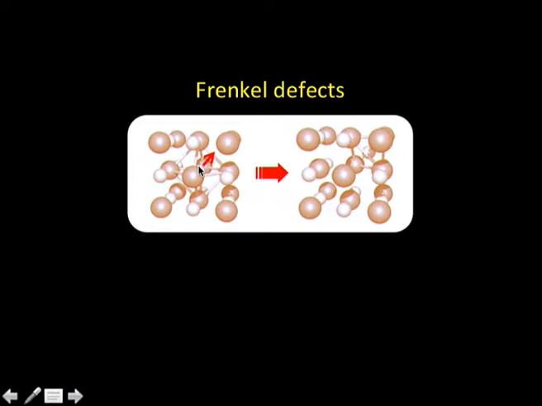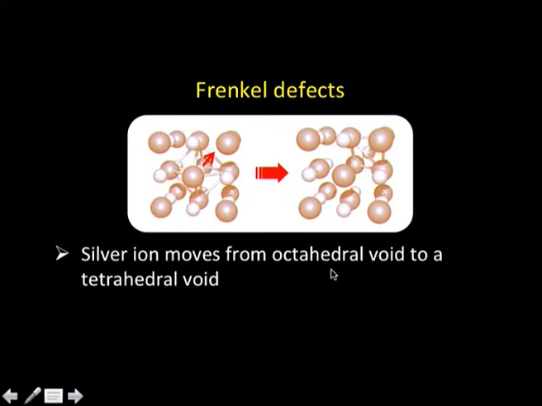In case of Frenkel defect, the silver ion from this octahedral void, right in the center of this cube, moves to this position, which happens to be a tetrahedral void. As a consequence, this position becomes vacant. This is a cation vacancy now, and this position, which was interstitial, is occupied by the silver cation. Such a defect is called Frenkel defect.